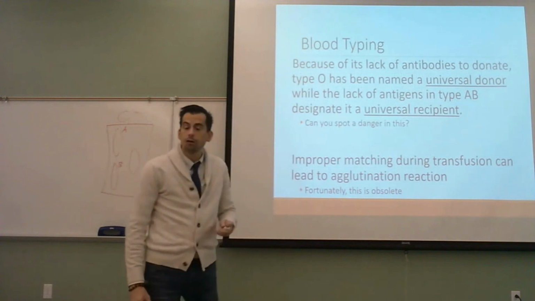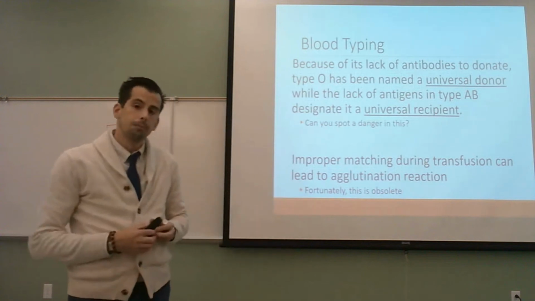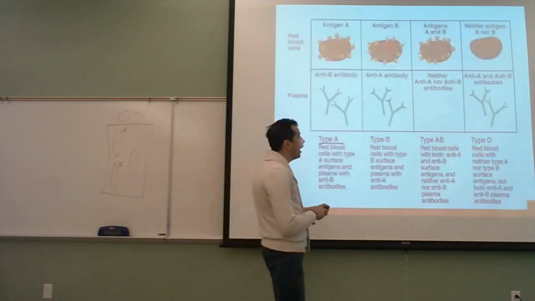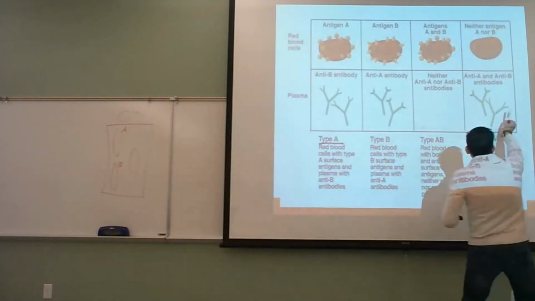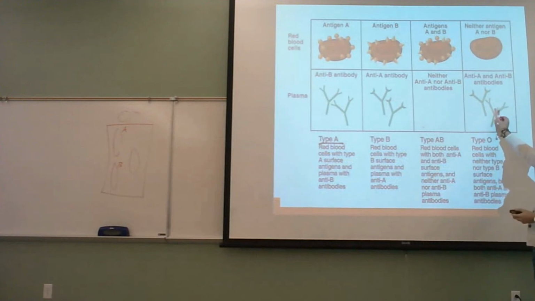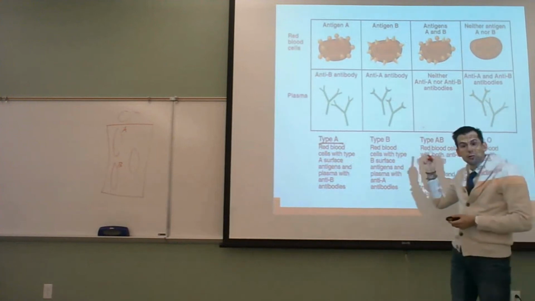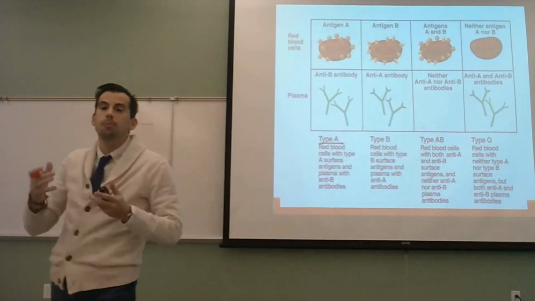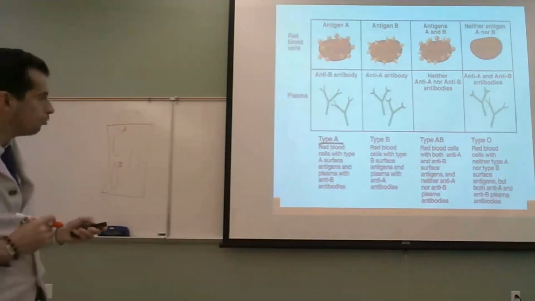In a hospital setting, what you often see is packed cells. So if you're donating type O blood now, antibodies may have been removed. So all you're getting is type O cells being donated, not type O blood. So it's important to make that distinction.